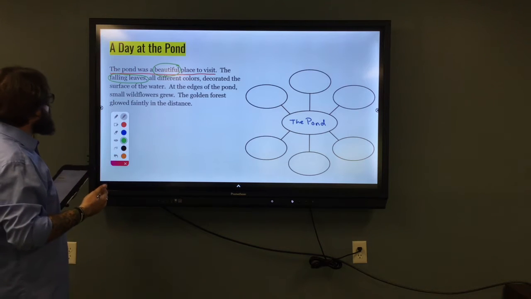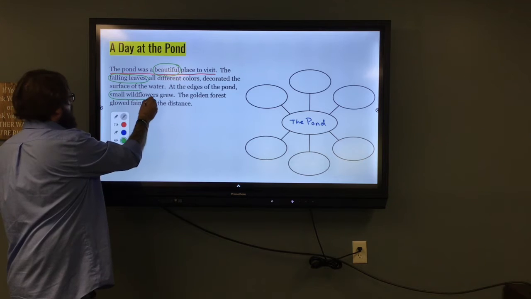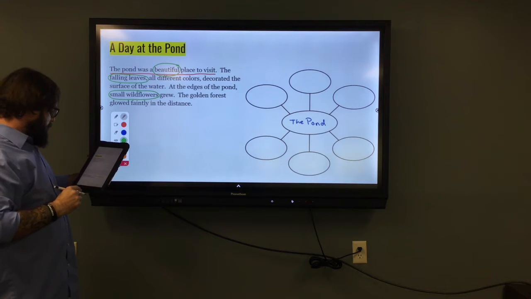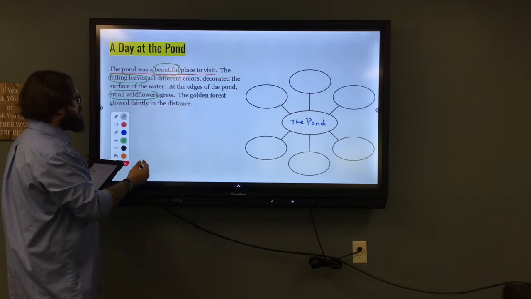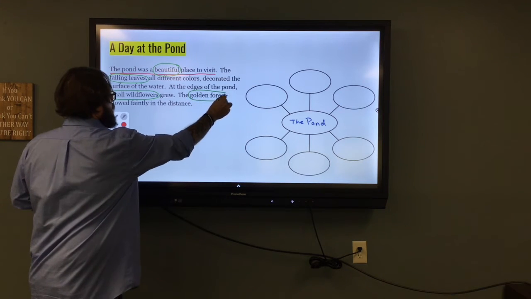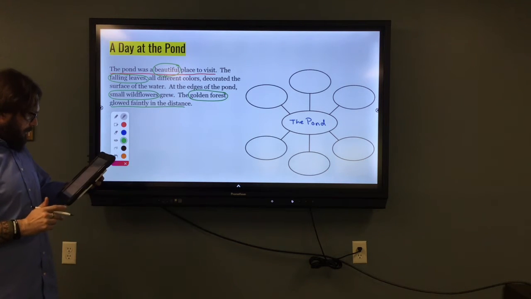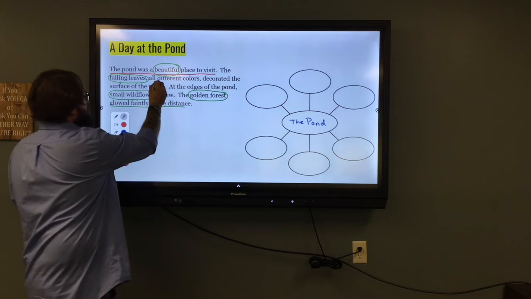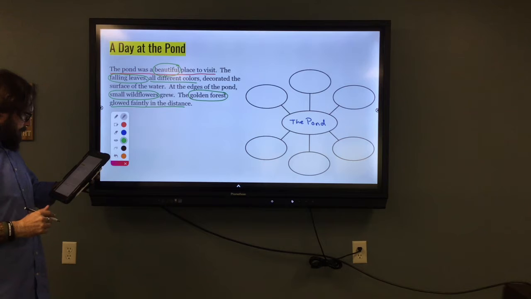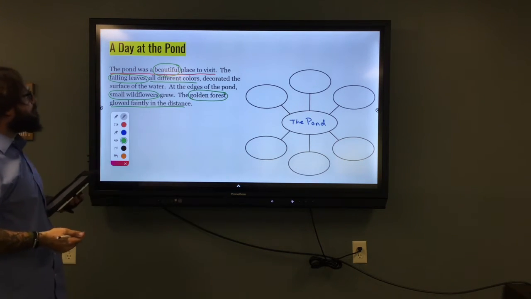He talks about the small wildflowers that grew at the edge of the pond. The forest glowing in the distance. So we have our golden forest that glowed faintly in the distance. Different colors of leaves. So all different colors. And we, of course, already pointed out the golden forest.